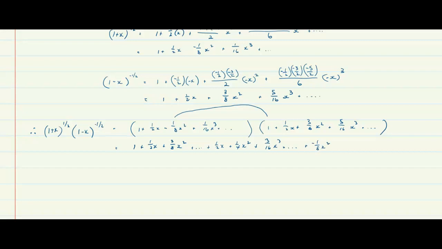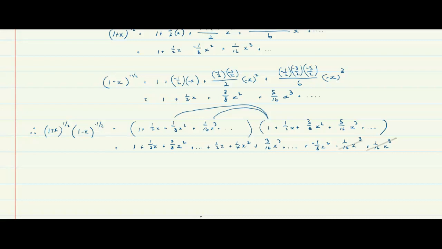I'll go to the next term, minus an eighth x squared times minus a half x, positive a half x, so that's minus 1/16 x cubed, and that's as far as we go. I could put this one here in place, so that's plus a 16th x cubed, so they seem to have cancelled each other out, minus a 16th and plus a 16th.